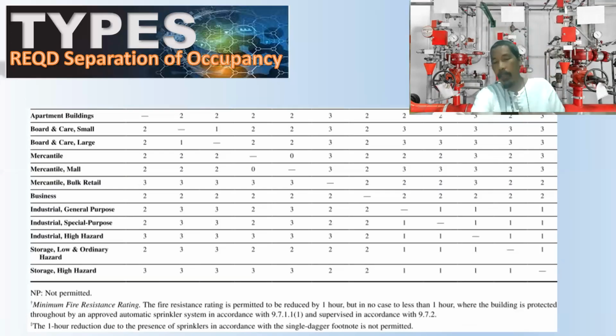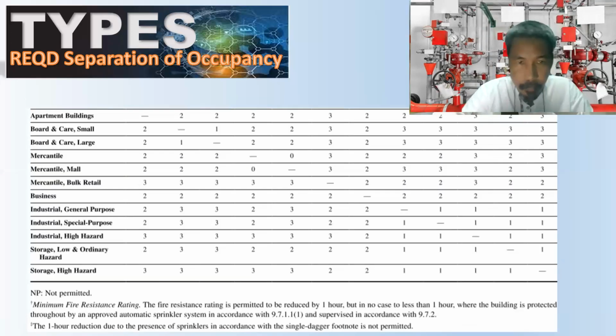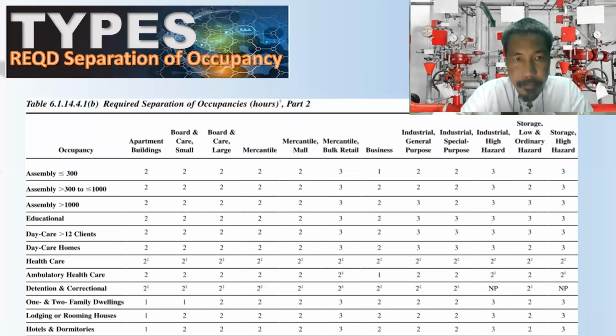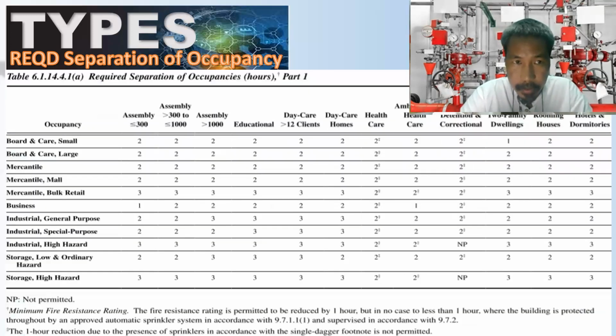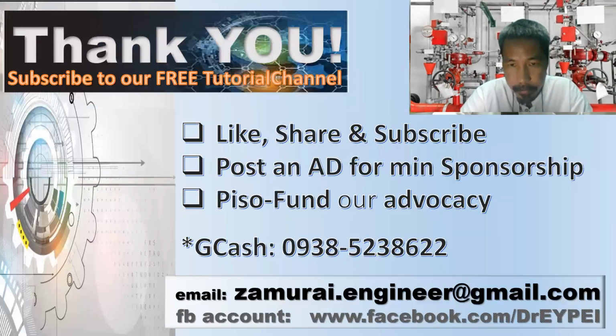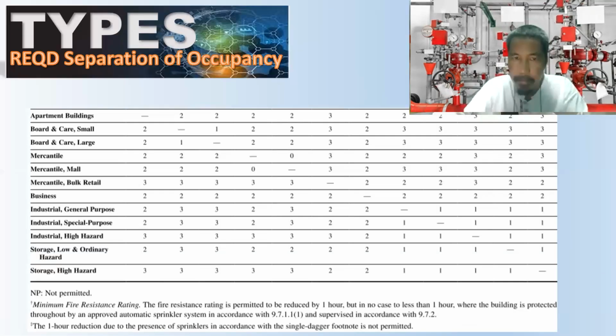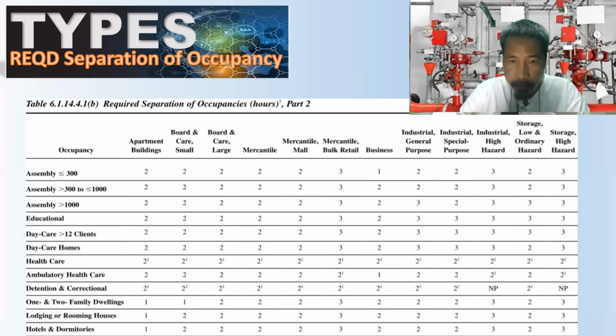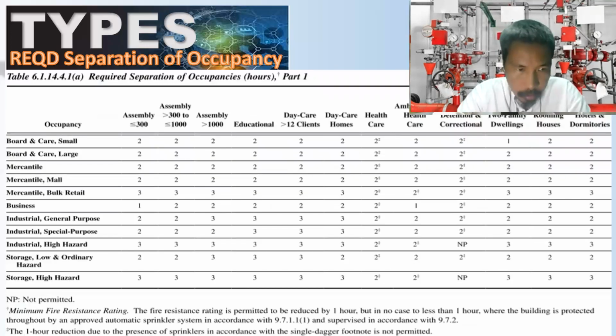So the table is part 1, part 2. So the required separation of occupancies in terms of hours. And let us just familiarize ourselves with the footnotes.